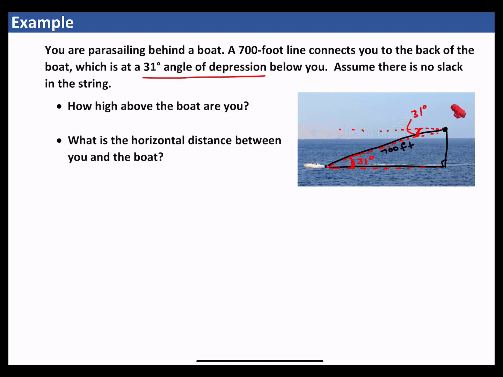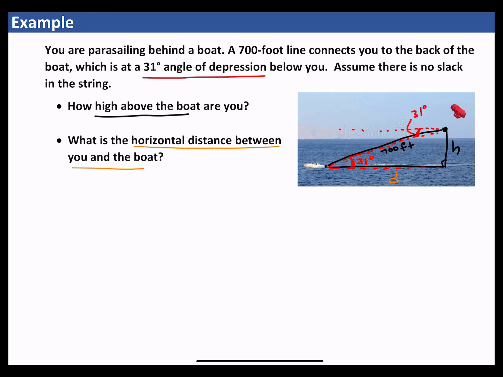If we want to determine how high above the boat you are, let's call that H. And then we want to know the horizontal distance between you and the boat, let's call that D. All right, so take another moment and see if you can use the sine and cosine functions to find your height above the boat and your horizontal distance from the boat.